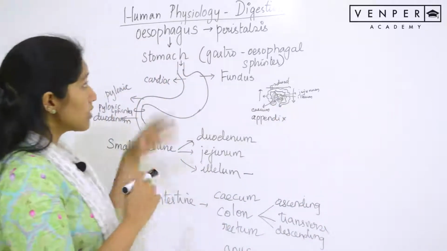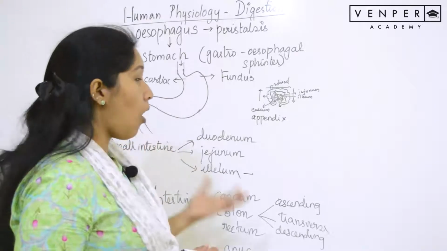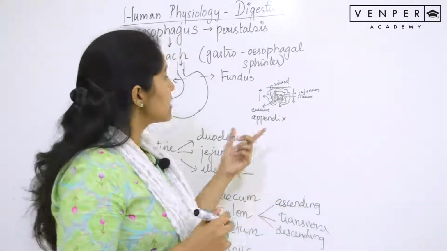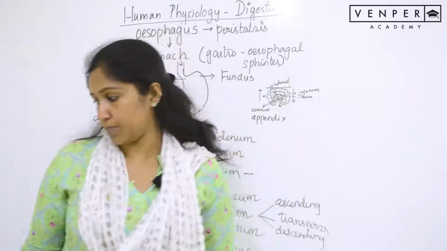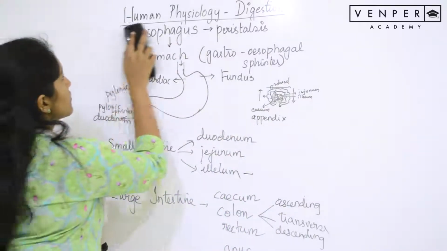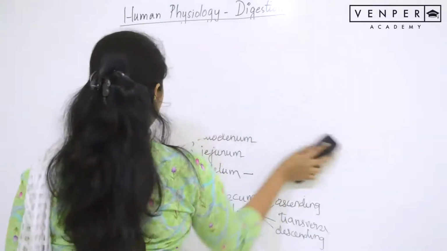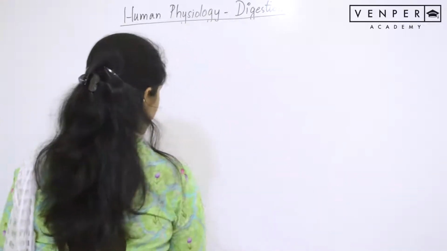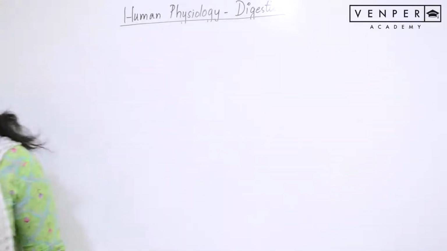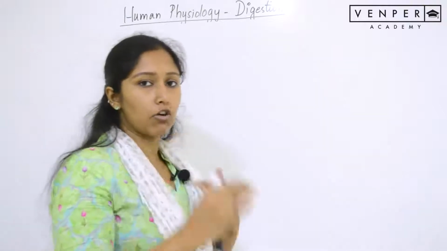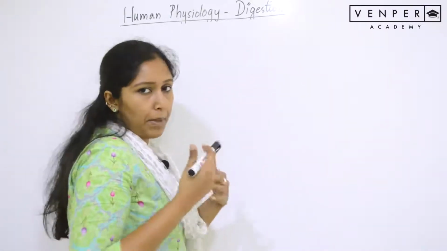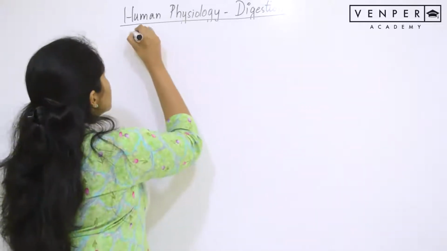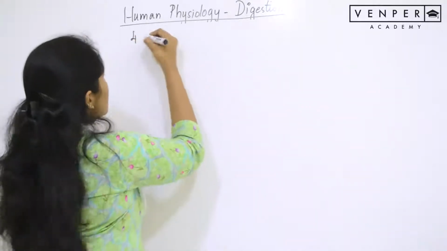Now, this is an overview of the different organs that are involved. Let's look at the musculature of this particular structure. When you take a cross section of the digestive tract, from any of the places, there are basically 4 layers that you see.